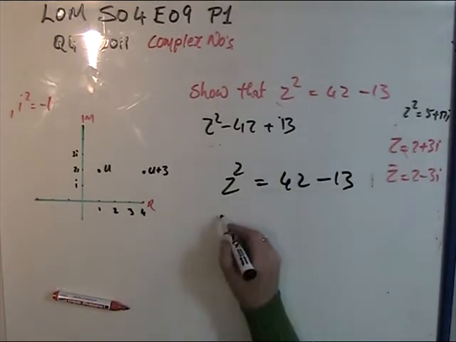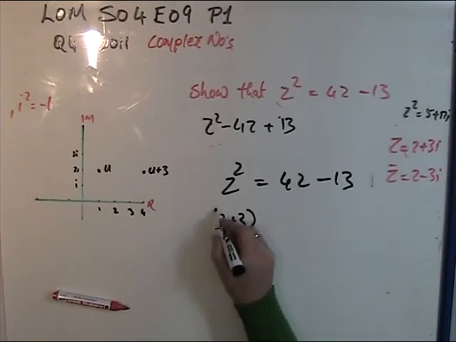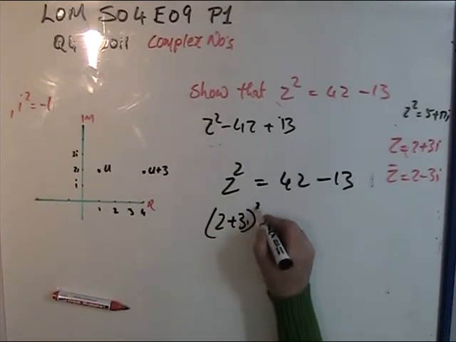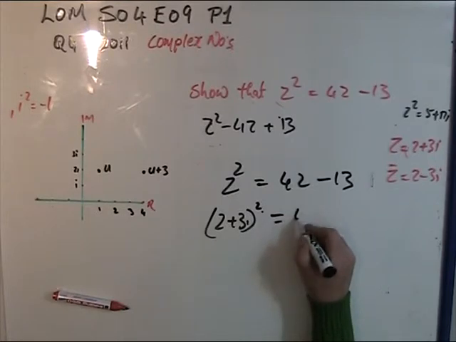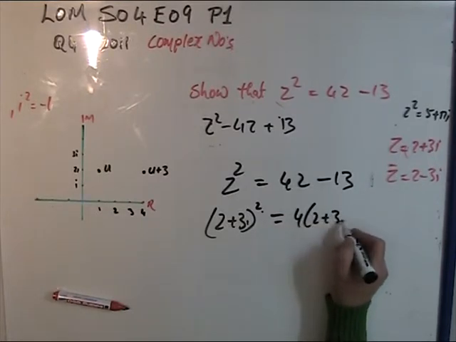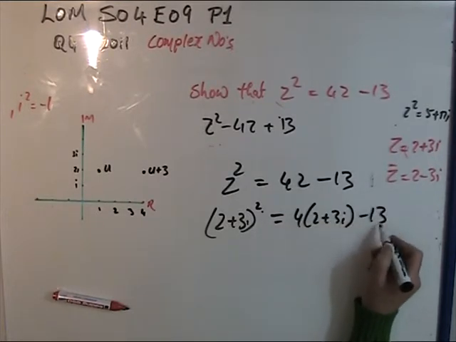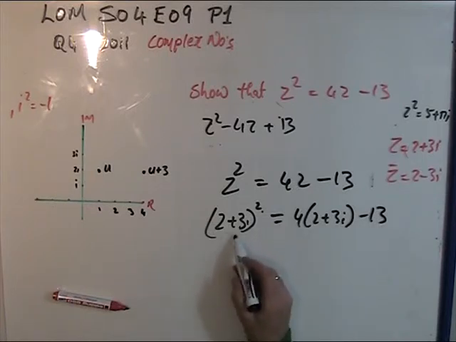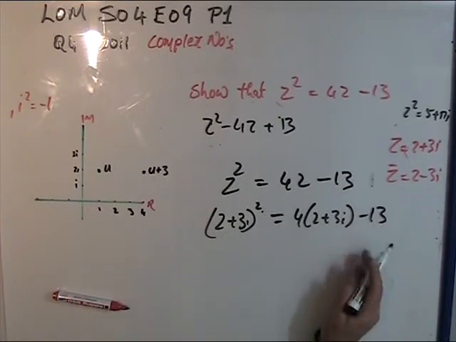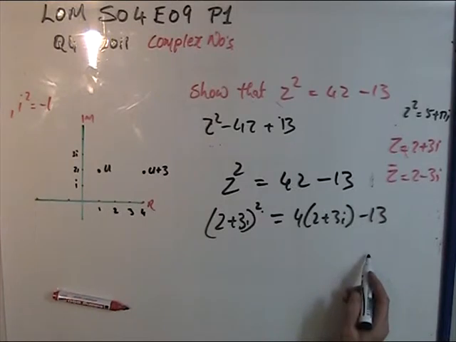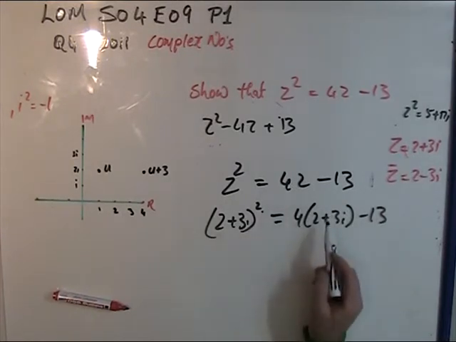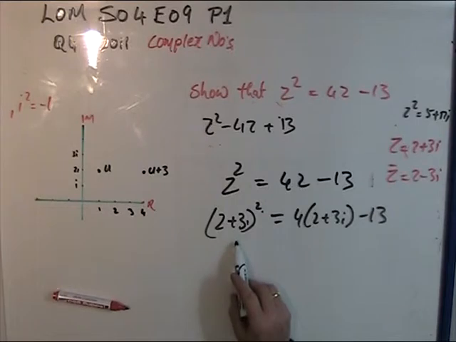I can put in 2 plus 3i, all squared, is equal to 4 times 2 plus 3i minus 13, and then work them out and see if that is equal to that side, or bring them over and make sure they are all equal to 0. In essence it's the same equation, but using one of the roots z to see if one is equal to the other.